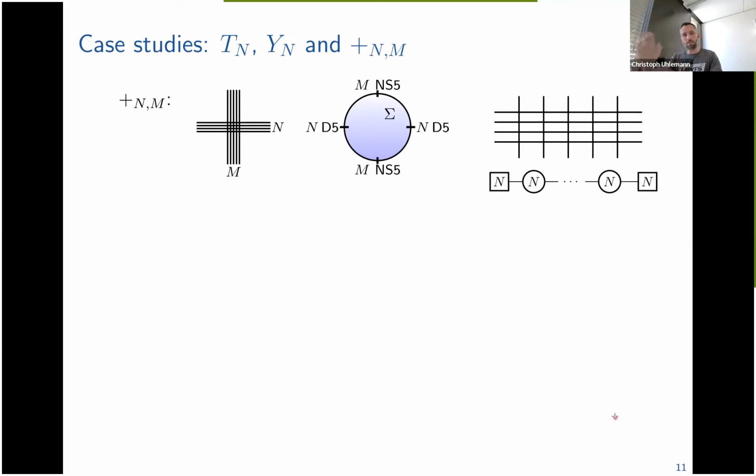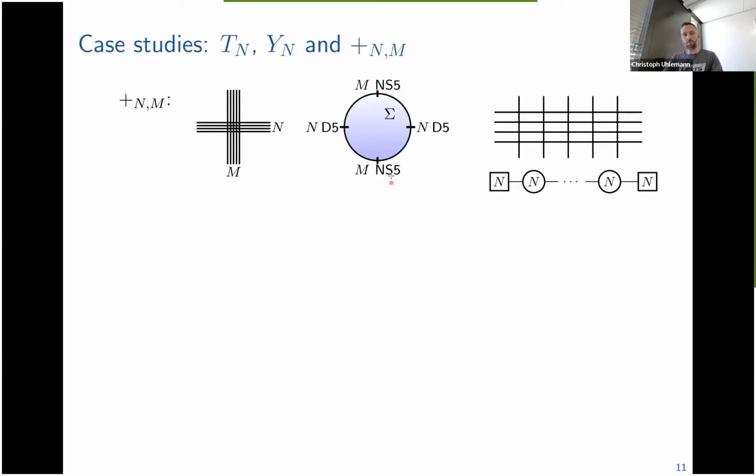All right, so one can phrase everything about the defects I'm going to talk about in very general terms, but I want to instead just focus on 3 concrete examples to make it somewhat relatable. The first example is something we've already seen, an intersection of M NS5 branes and N D5 branes, something we call the plus theory, and corresponds to a supergravity solution with 4 poles here on the boundary of the Riemann surface.